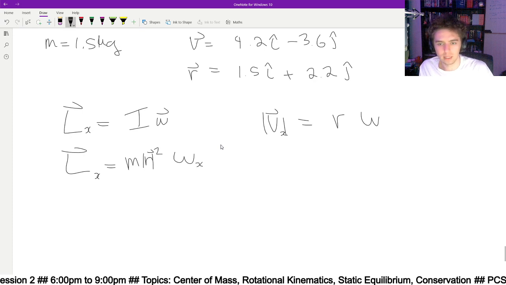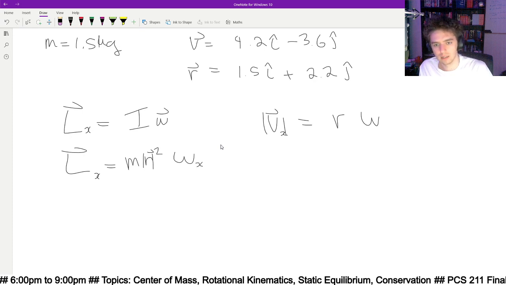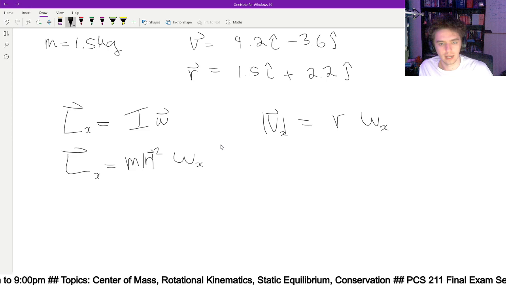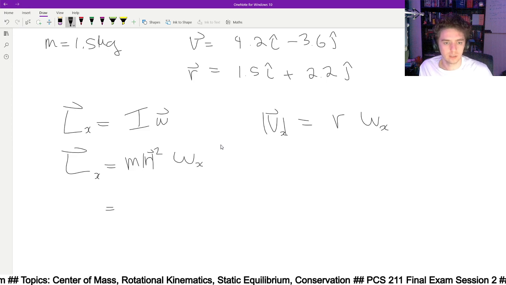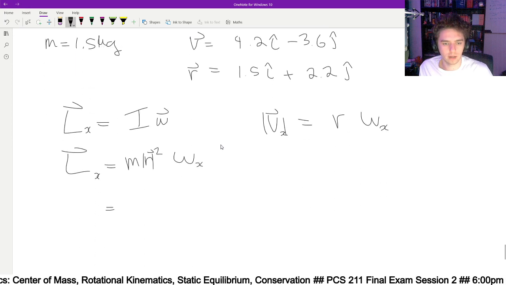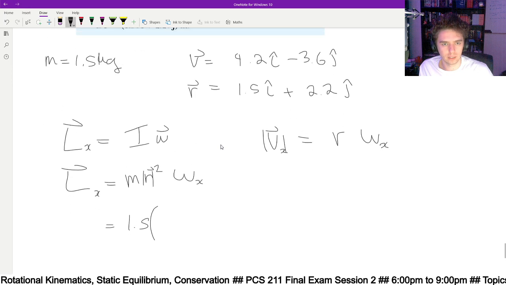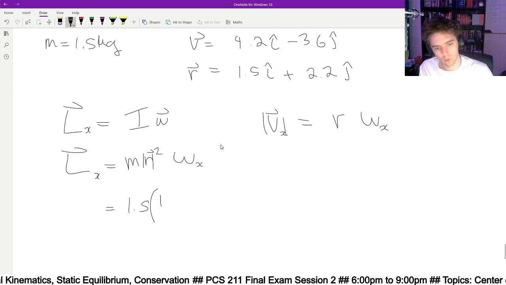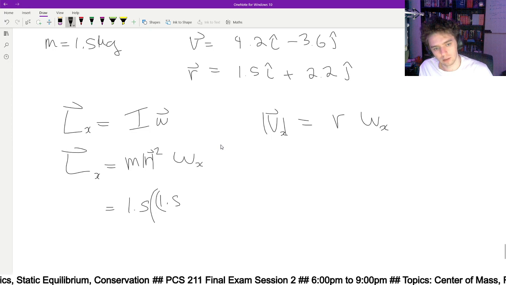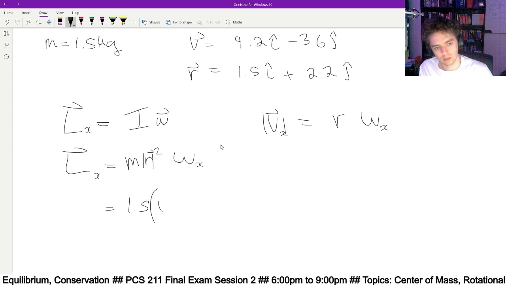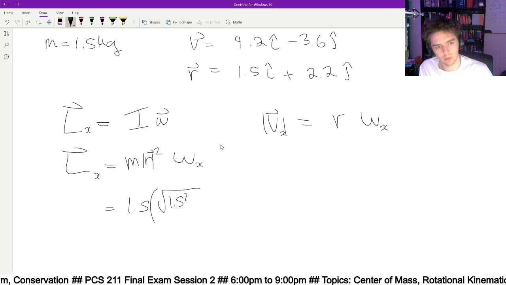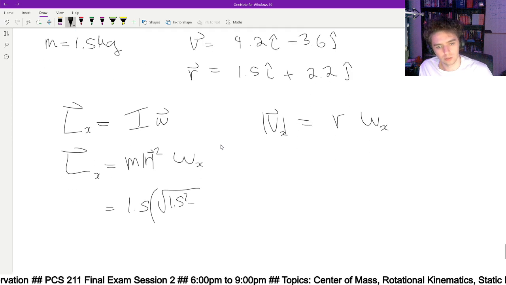But here, this is going to be the x component of that. So mass is 1.5 times the magnitude of the position vector, which is the square root of 1.5 squared plus 2.2 squared.